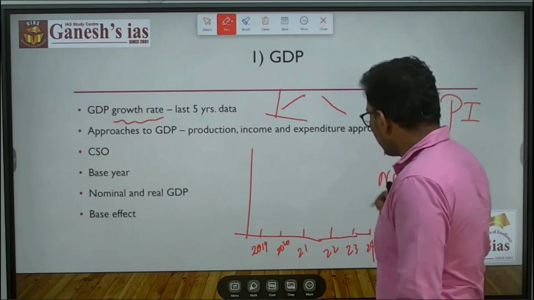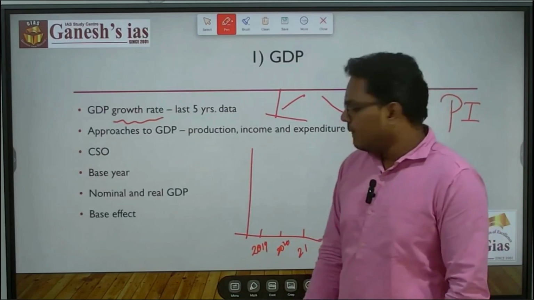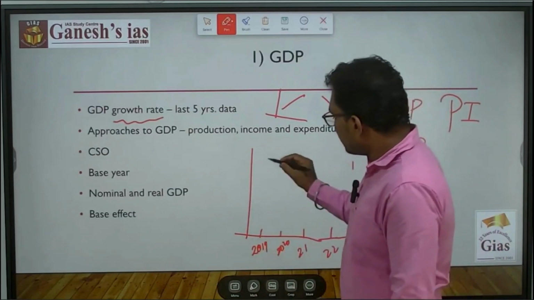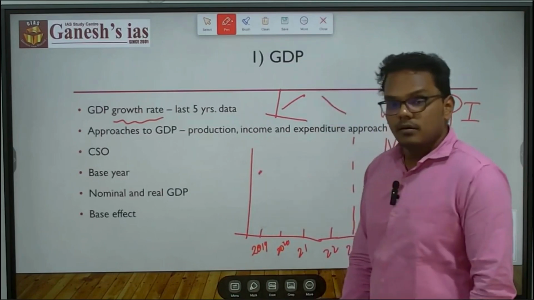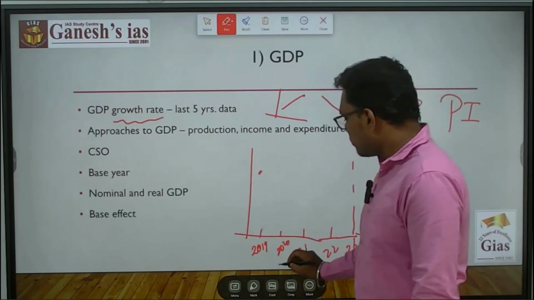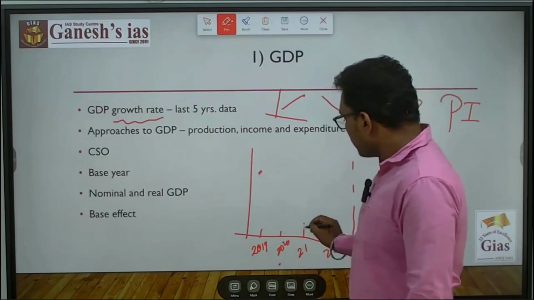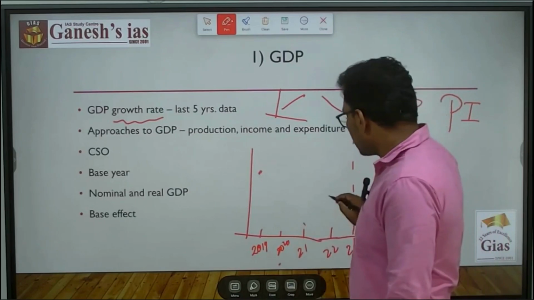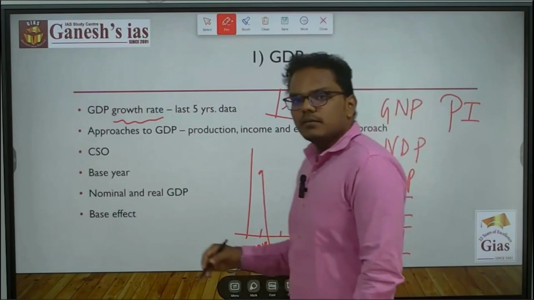Excluding 24, assume you will have a question till 23. Going by logic, your GDP growth rate during 2019 would have been here, whereas for 2020 it would have been down because you had the COVID year, and then in 2021 you would have had a resurgence, 2022 again here, 2023. So this is never a steady pattern.